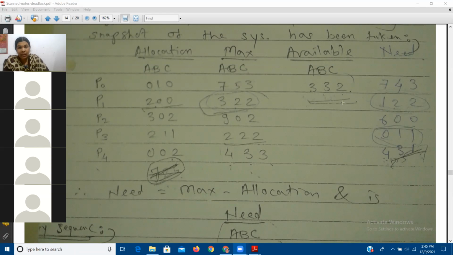Yes. Okay, because 221 is less than need, that is 743, and it is also less than available, that is 332, right? So I'm able to choose P0.